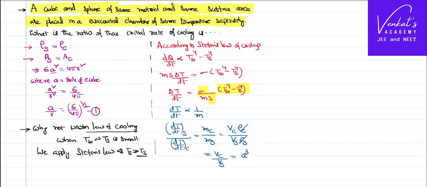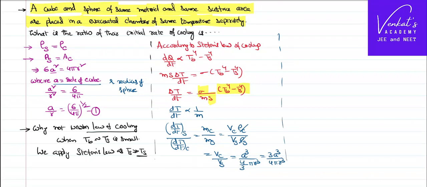Volume of the cube is a cube, where a is the side of the cube, and r is the radius of the sphere. The volume of the sphere is 4 by 3 pi r cube. So the answer is 3a cube by 4 pi r cube. Now we can further simplify this.